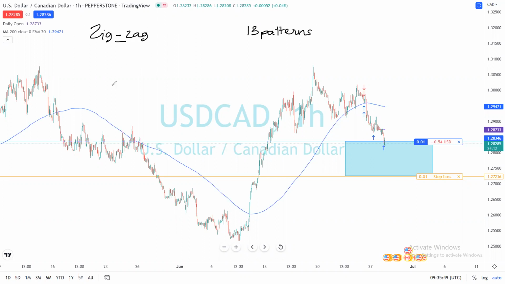Okay, so the zigzag is just the pattern, and it has that look of a zigzag like that.